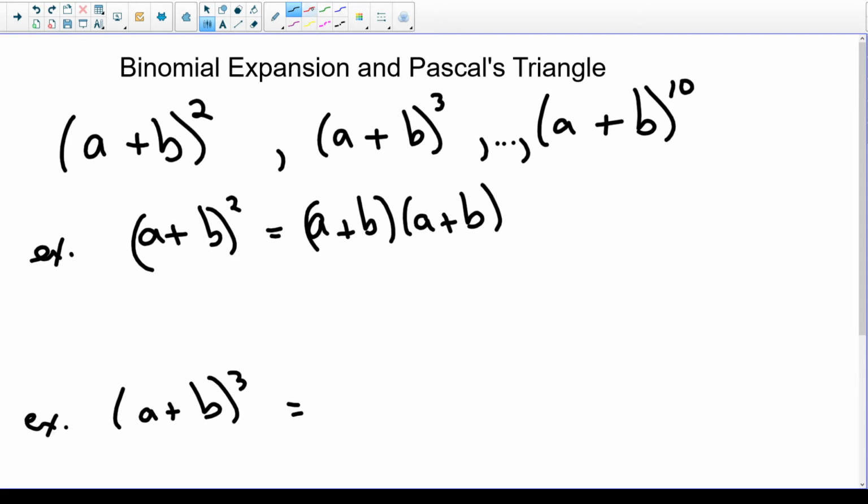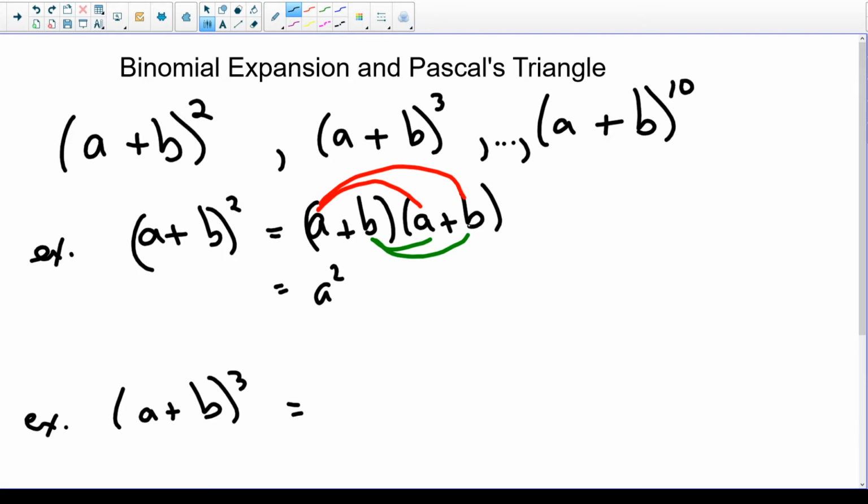The problem with FOIL is when we start expanding a power of 3, it's not going to come into play. We won't be able to use it. So I would rather you think of this as the a multiplies both of the things in the second bracket, and the b multiplies both of the things in the second bracket. So let's expand this. A times a is going to be a squared.